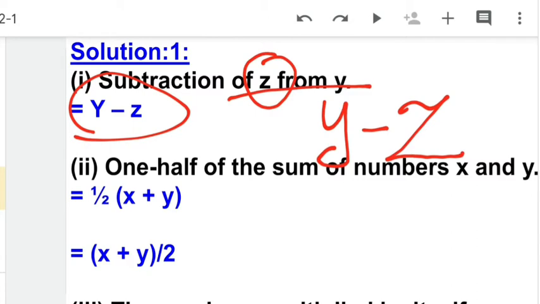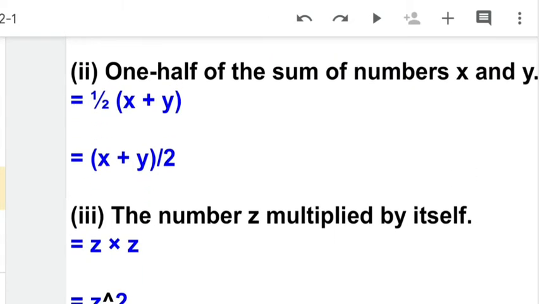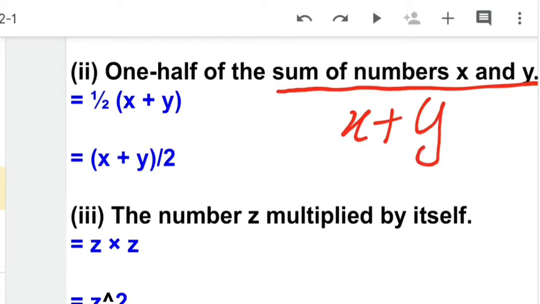Okay class, let's move on to the next one. 1/2 of the sum of numbers x and y. The first thing we have to focus on is the sum of the numbers x and y, means the addition of x and y, and now we have to find 1/2 of their sum.